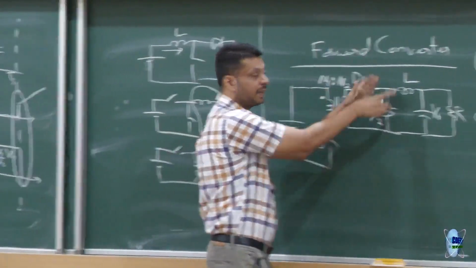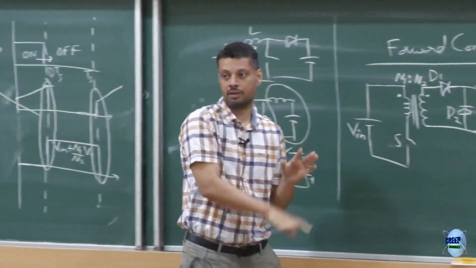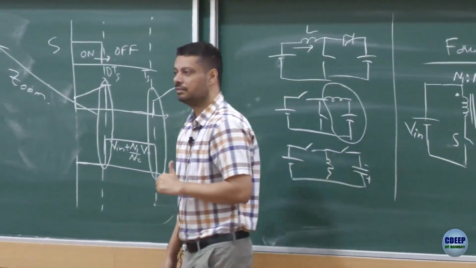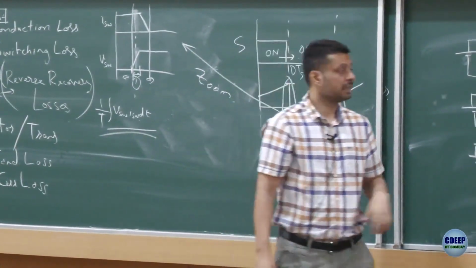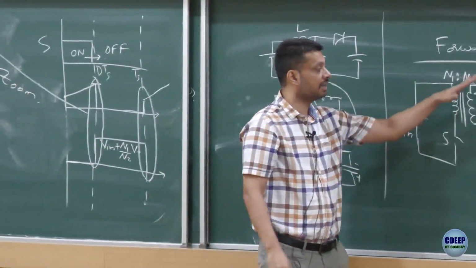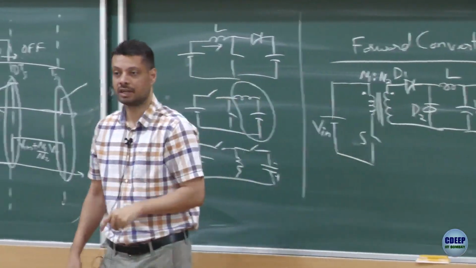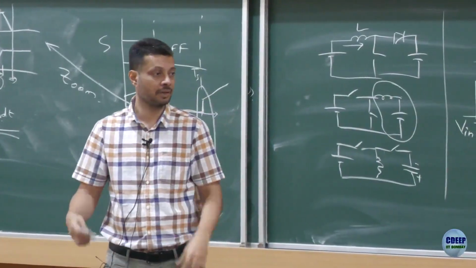Now here you have a separate inductor and a separate transformer. I cannot think of an example you would find, but this is important because it gives rise to so many other circuits which you would see around you, especially for higher power applications.